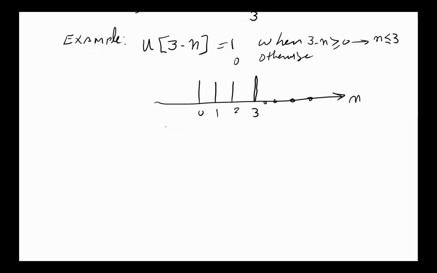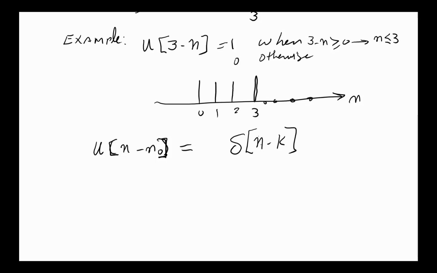Now we know that if someone gives us a general step function u[n minus n0], these have to be square brackets, we can indeed write this in terms of delta n minus k if we wanted to.